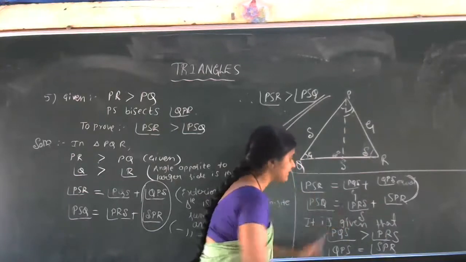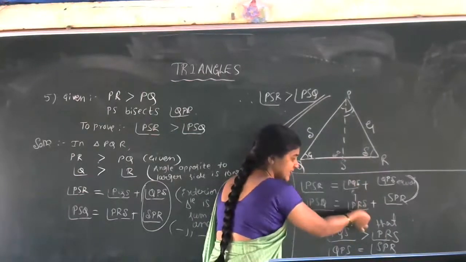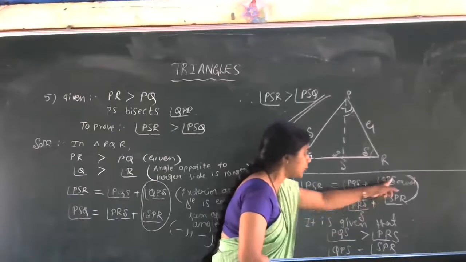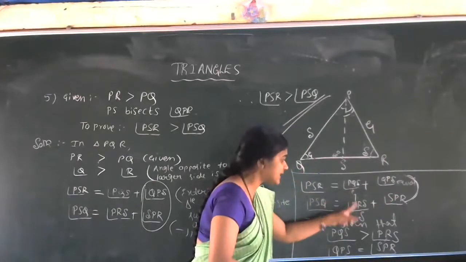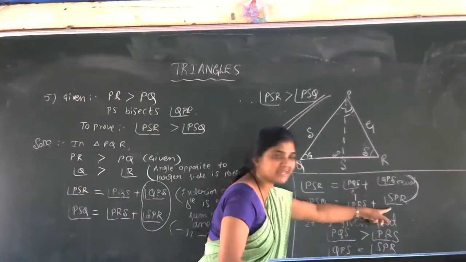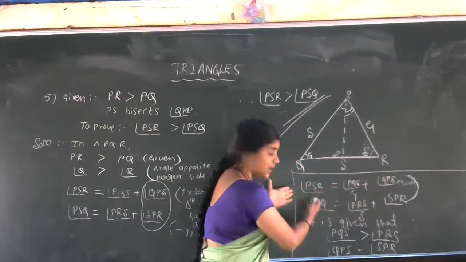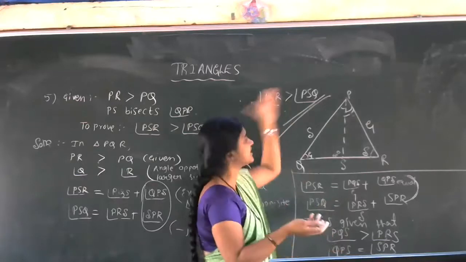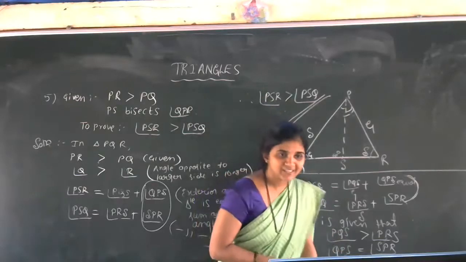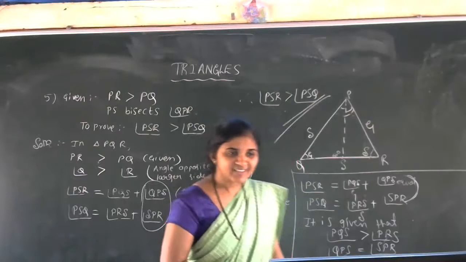It is given that angle PQS is greater than PRS and QPS is equal to SPR. Now this angle is greater than this angle, and these two angles are equal, so which is greater here, PSR or PSQ? It is clear that PSR is greater than PSQ. Is that clear, students?